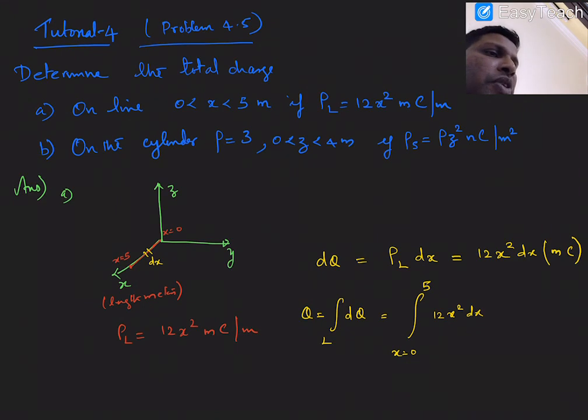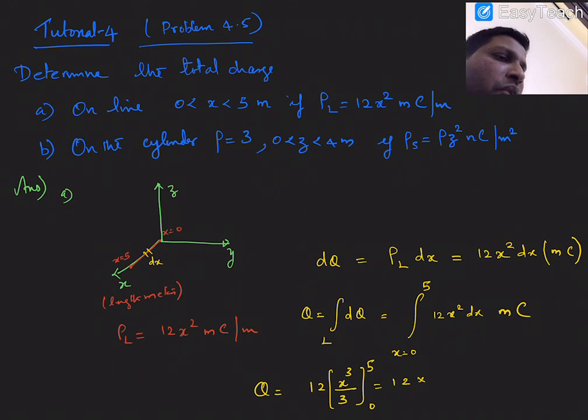Now q is equal to 12 into x power 3 by 3, because the integral of x square is x power 3 by 3, from 0 to 5. So this is equal to 12 into 5 power 3 by 3, this much millicoulomb.